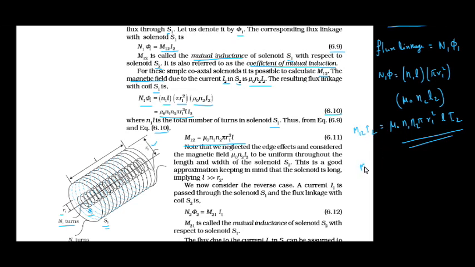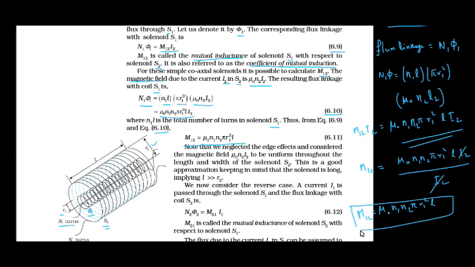So if we want to find out M12, the mutual inductance, it will be mu naught N1 N2 pi R1 square L I2 upon I2. I2 and I2 get cancelled. So we got M12 is equal to mu naught N1 N2 pi R1 square L. This is the value of mutual inductance. That's it.